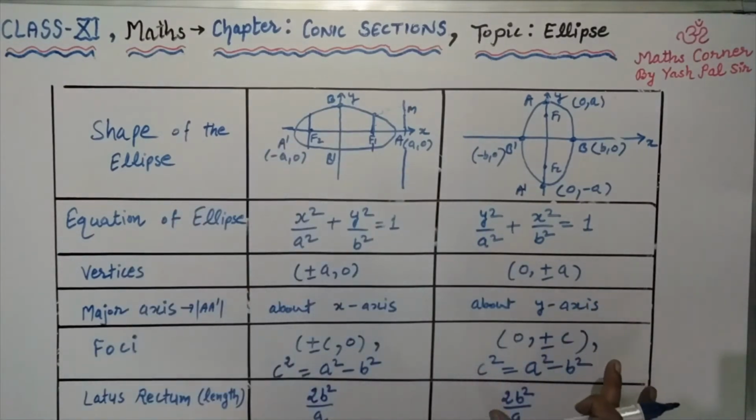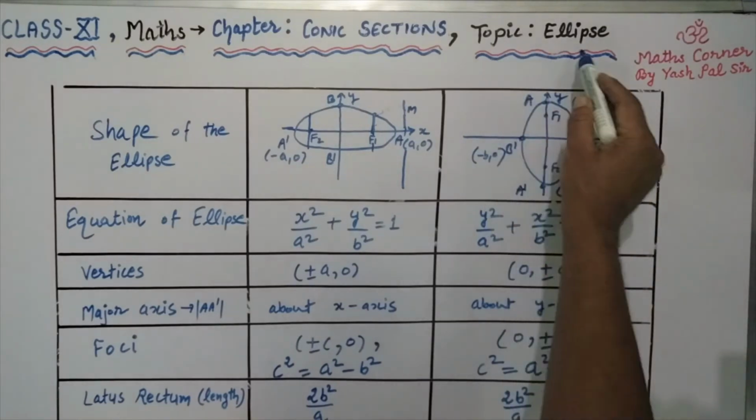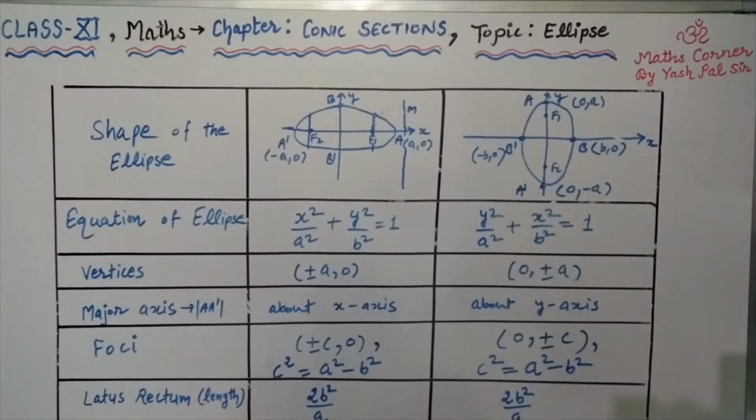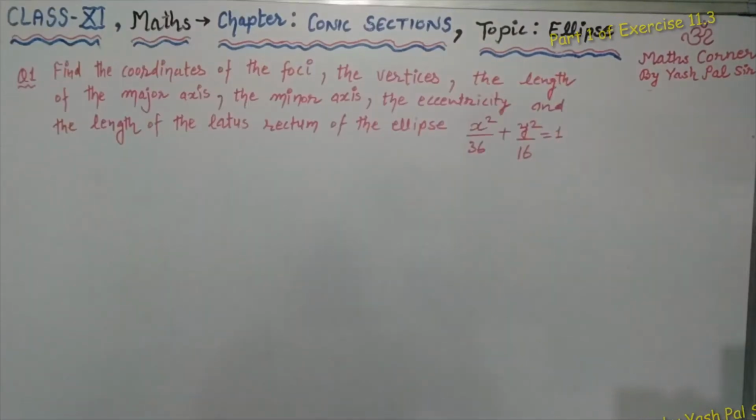Through this table we have explained everything about the ellipse, and on the basis of this table we can solve each and every question related to the ellipse exercise, exercise 11.3. So let us start the questions now.